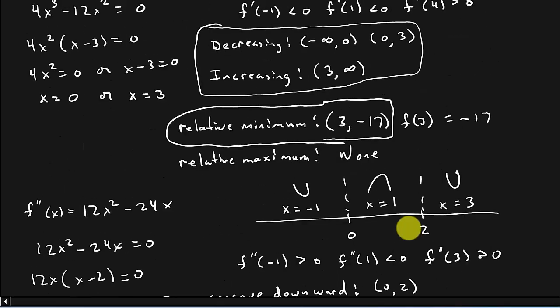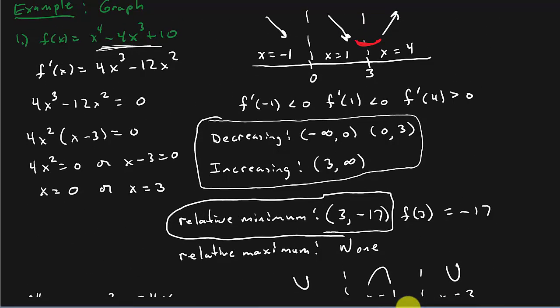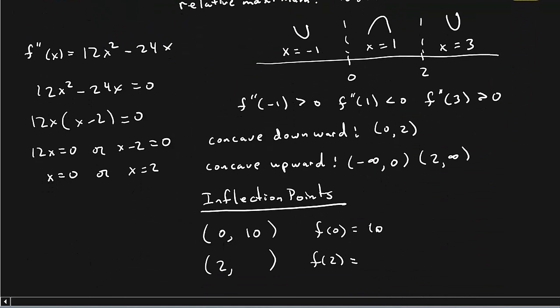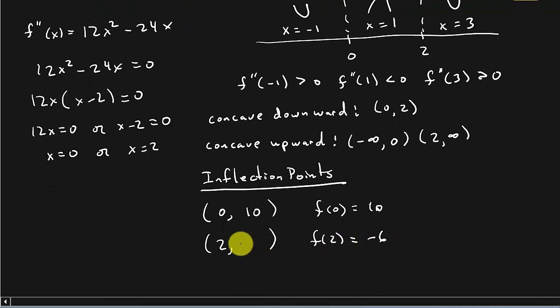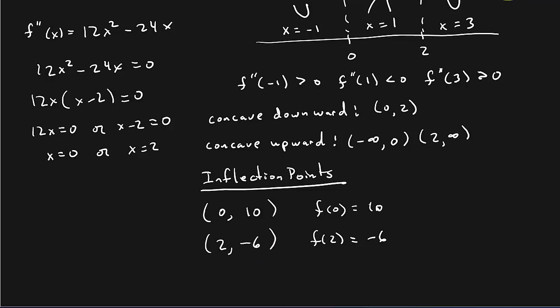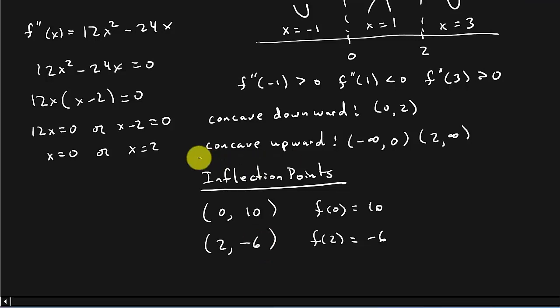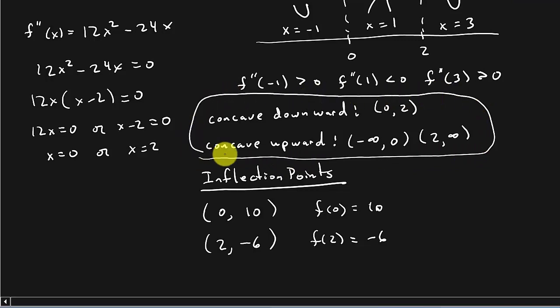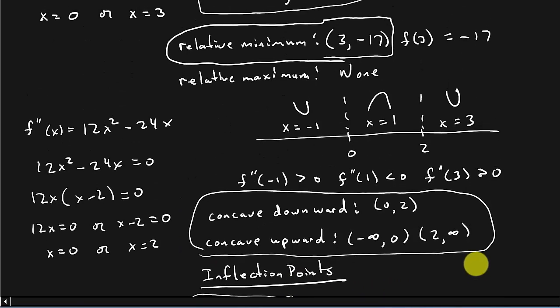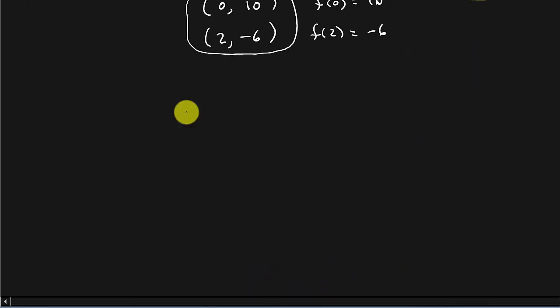And then if we plug the 2 in, what is that going to be? 16 minus 32 plus 10 is negative 6. All right, so here's the concavity and here's your inflection points. And now we are ready to graph this thing.